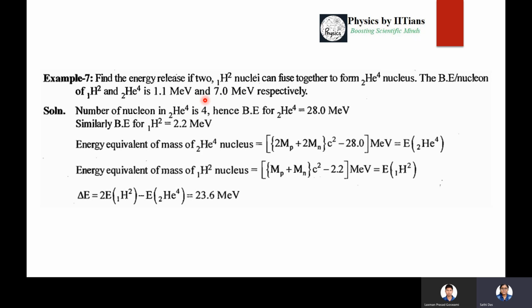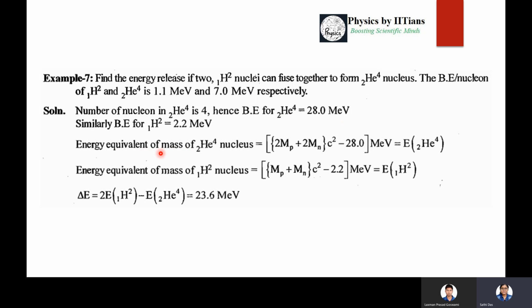So first of all, you should know the number of nucleons in helium 4 is 4, 2 protons and 2 neutrons. So the binding energy of 2He4 is 28 MeV, because the binding energy per nucleon for helium is 7. Now the binding energy for 4 nucleons is 4 into 7 MeV, that is 28 MeV.